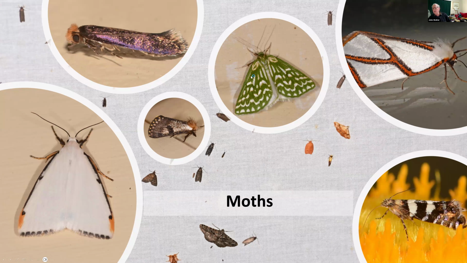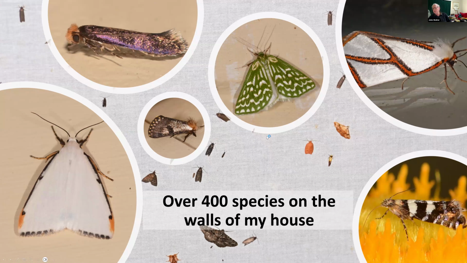And when I first got the camera and I could take photographs of things at night, all I did was turn the lights on in the house and I'd walk around with my camera and photograph what was on the walls. And what was the result? 400 species of moths on the walls of my house that I recorded in just over a year. And that blew my mind. That was astounding to me, that the diversity could be so high.